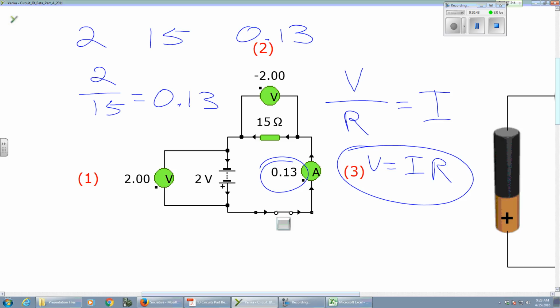So you played with it with the resistivity and the little dots and everything like that last week. So there's your refresher on Ohm's law. Any questions about that relationship? This is a big one, so make sure that you understand it. Really, really critical.